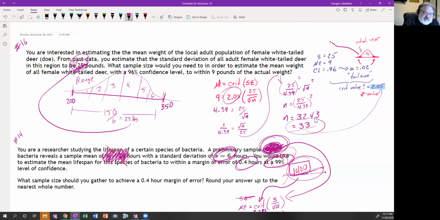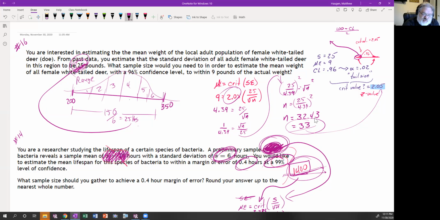So the key to figuring out your critical value is figuring out the size of that tail. Yeah. So that's 1 minus your confidence level divided by 2. Mhm.